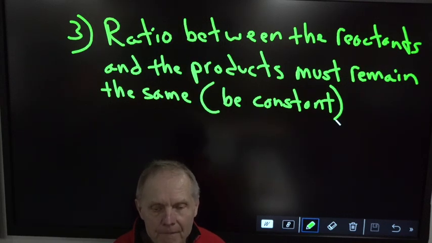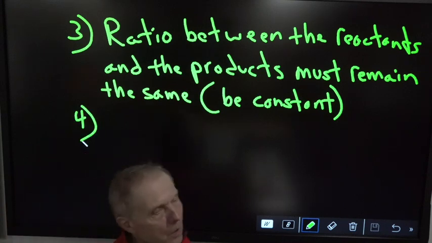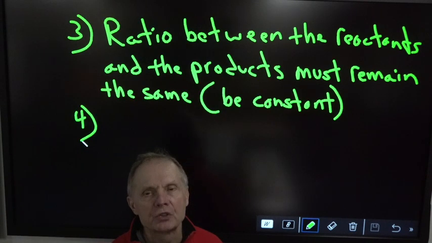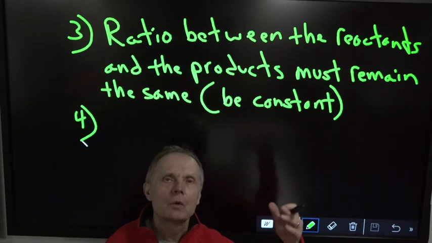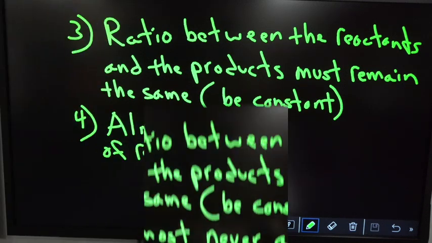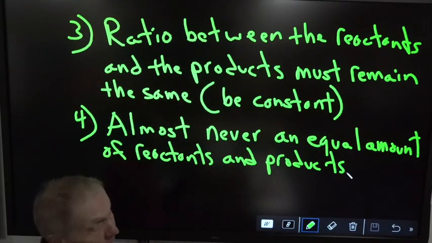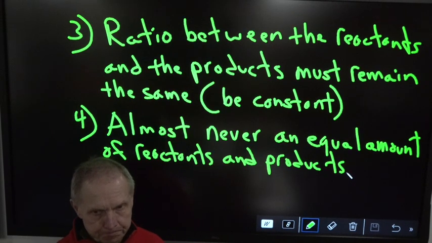And the one very important thing, number 4: when you hear equilibrium, most of my students say, oh, it's an equal amount of reactants and an equal amount of products. That's not it. Okay, so now, basically 4 rules for a system at dynamic equilibrium.